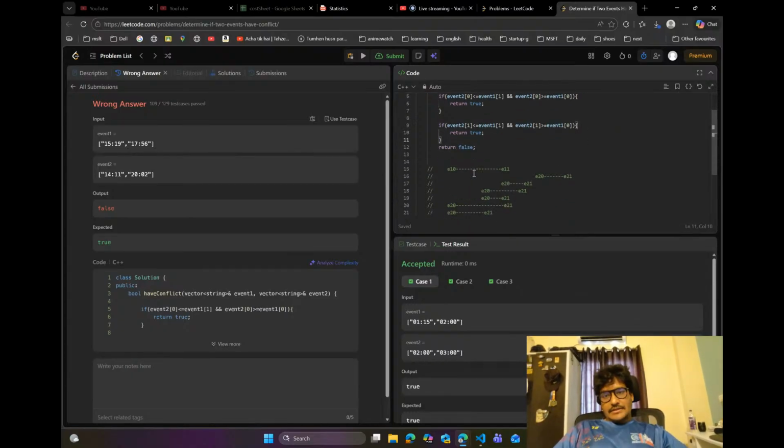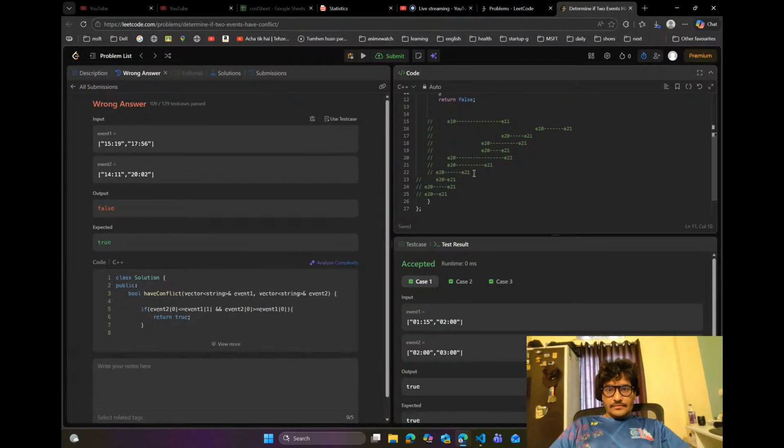If we forgot one case here, the case is, what if event 20 is here and event 21 is here? Both are outside this one.